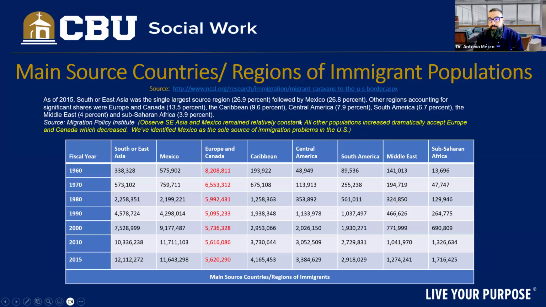What do we want to derive from this data related to the topic of immigration? Immigration is not solely an issue impacting the United States. When other countries are losing citizens and they're coming to the United States, that impacts those countries as well. It impacts their economics. It impacts their family dynamics. More so, as social workers adopting a global perspective, we'll want to shift and begin to examine what is going on in all of these other countries.